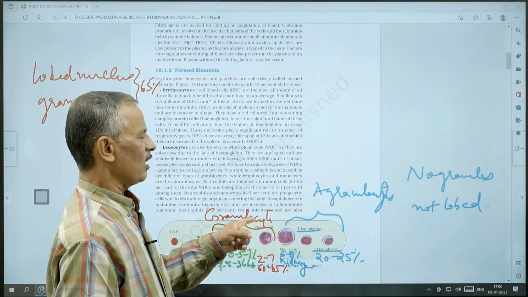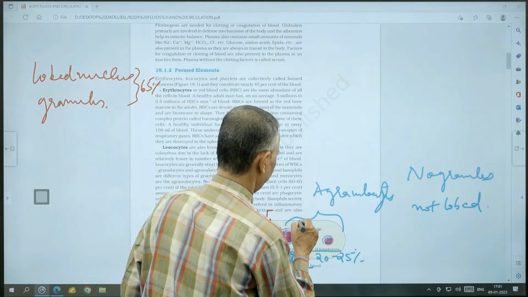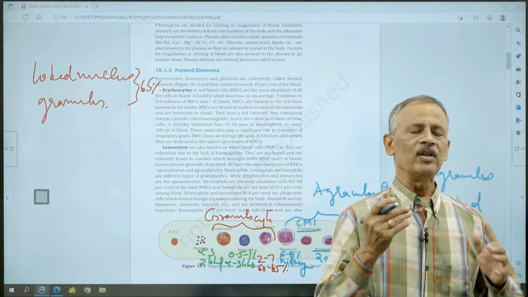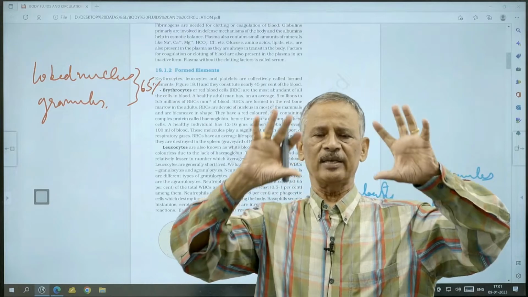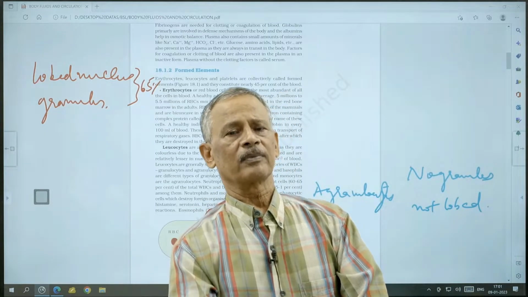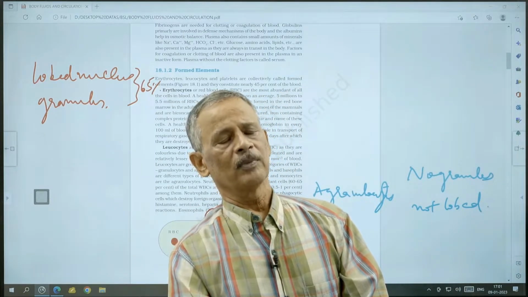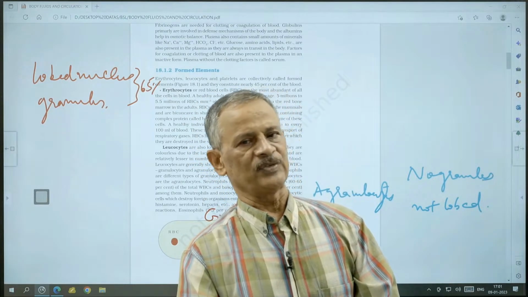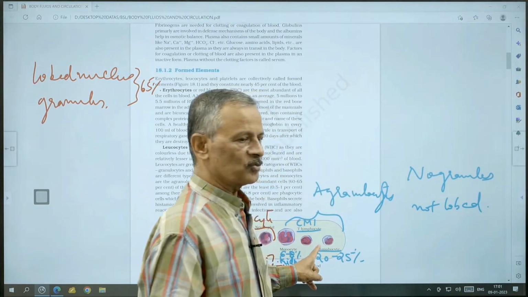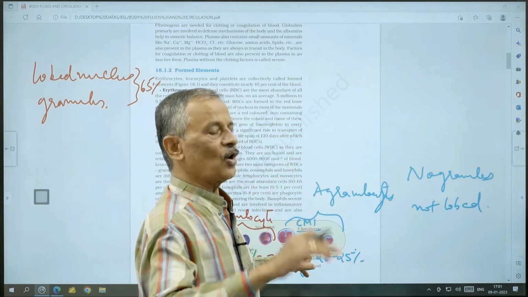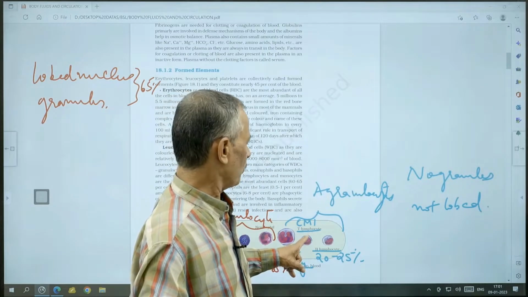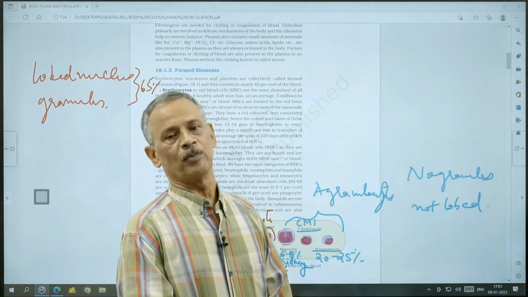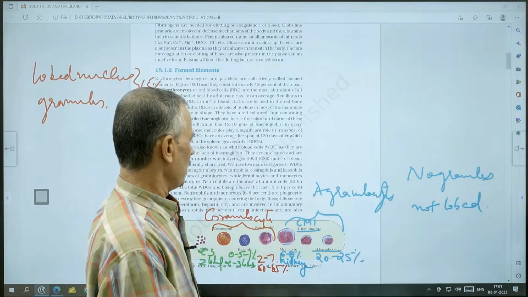T lymphocytes are responsible for what is called cell-mediated immunity, meaning these will go to the site of infection and eat away all the pathogens or disease-causing germs by their phagocytic activity. It is also responsible for rejection of a graft tissue from our body, whereas B lymphocytes are producing antibodies. They are responsible for the production of antibodies.